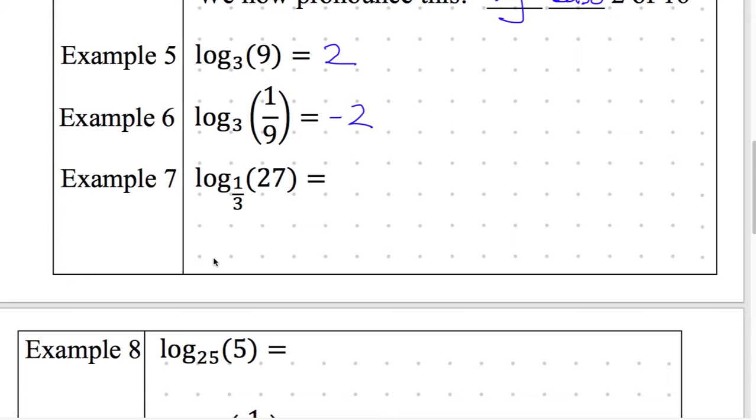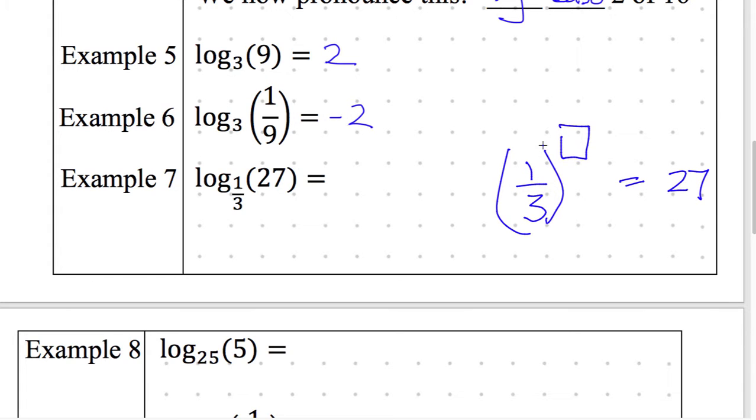So I'm just looking for a number right here. 9? 9 is not quite right. So I'm thinking 1/3 to what power gives you 27? This whole thing is going to be raised to something, and that should somehow give me 27. So first of all, I need to flip it.